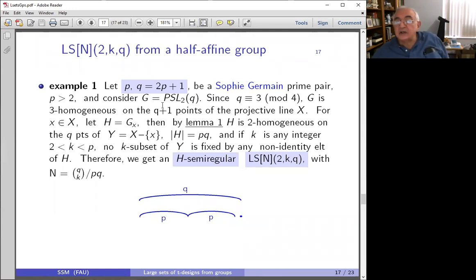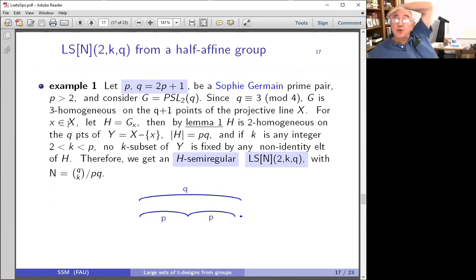And consider PSL2Q. Now, it turns out, of course, that the safe prime is always congruent to 3 mod 4 in a Sophie-Germain prime. It's very easy to prove, to see. So PSL2Q is 3 homogeneous on the Q plus 1 points of the projective line.